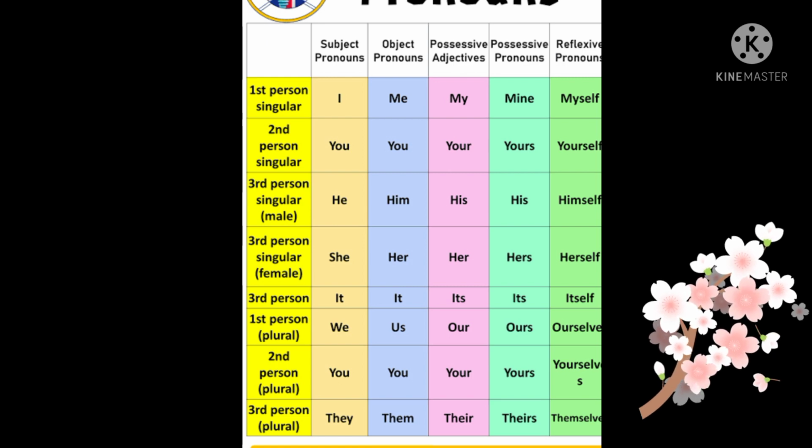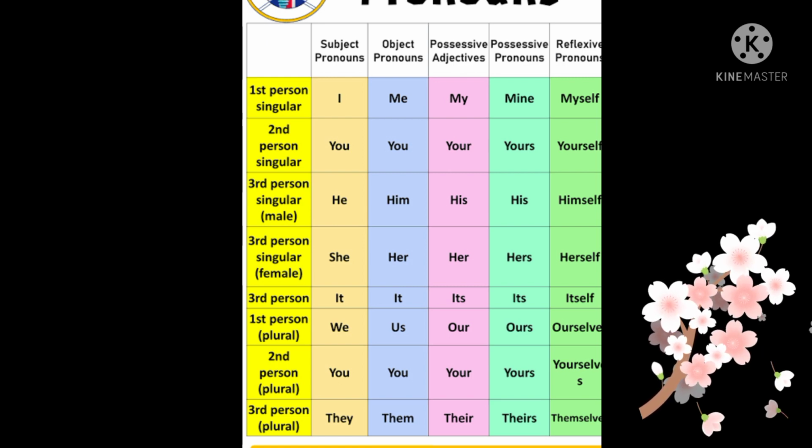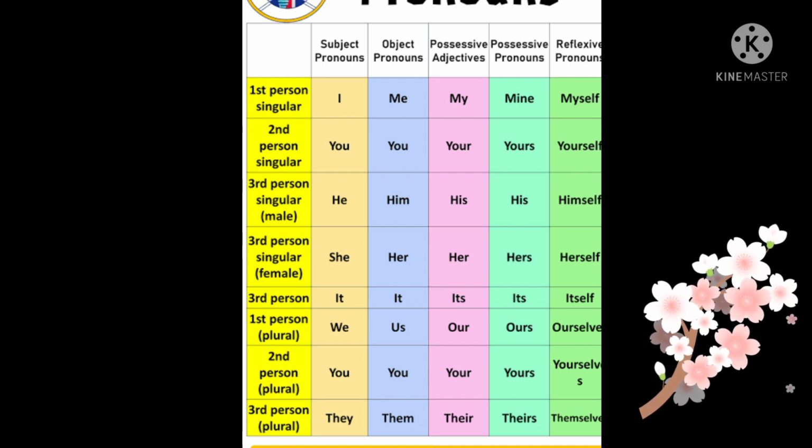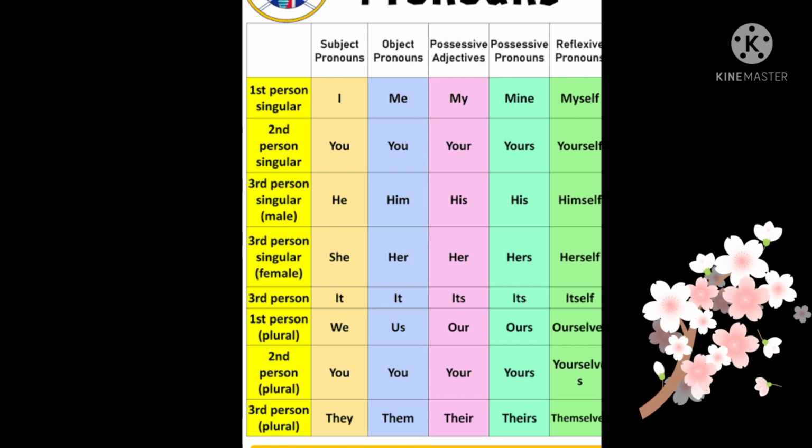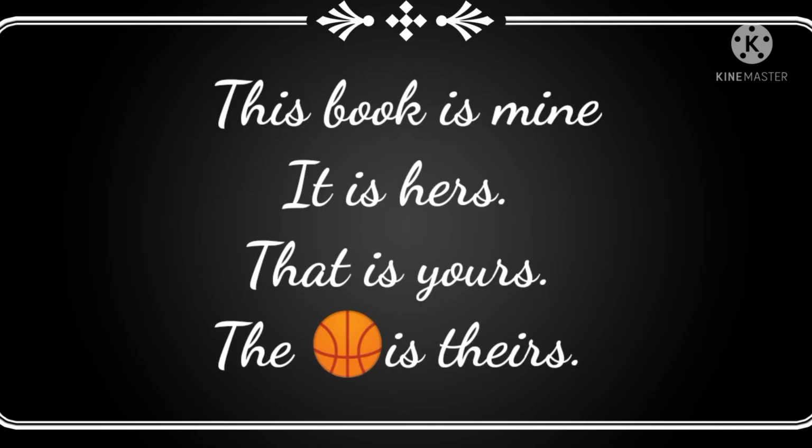Plurals: first person we will be ourselves, you, yourselves, and yours and yourselves. Third person theirs and themselves. Okay, possessive pronouns we discussed: mine, yours, his, hers, its, or theirs. These are possessive pronouns.